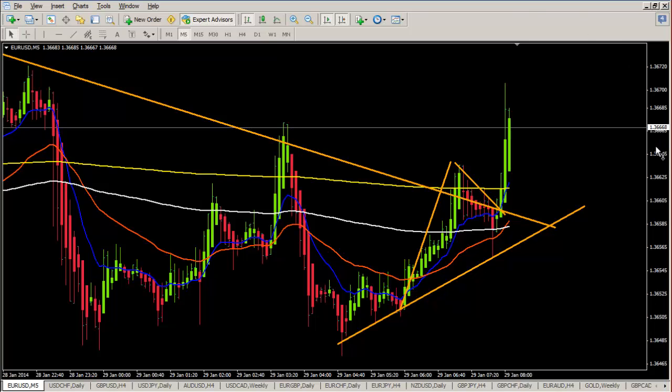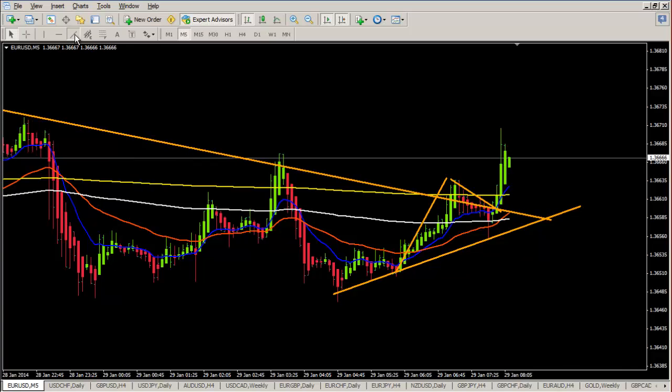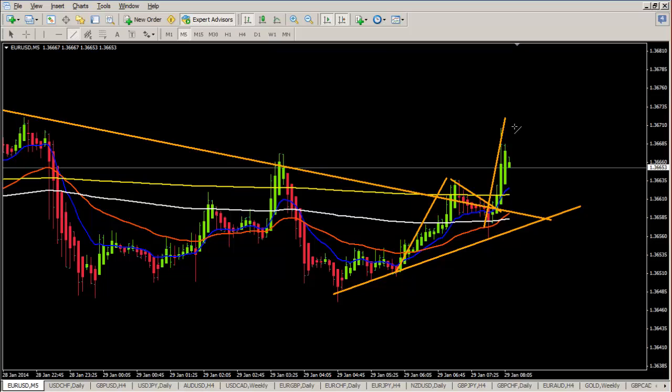And another confirmation would be, of course, if the price would create another 5-minute setup over here and clear out this whole area.